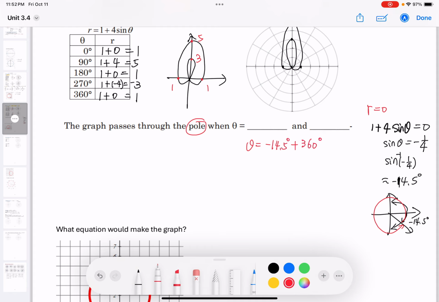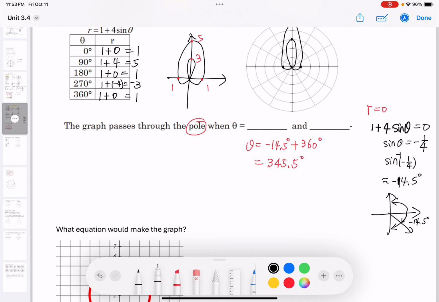That is the coterminal angle. It's equal to 345.5 degrees. And how about another angle? Because I know that if the sine of theta is negative 1/4, I can have two angles.